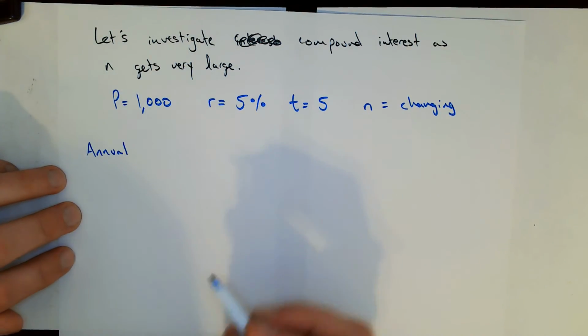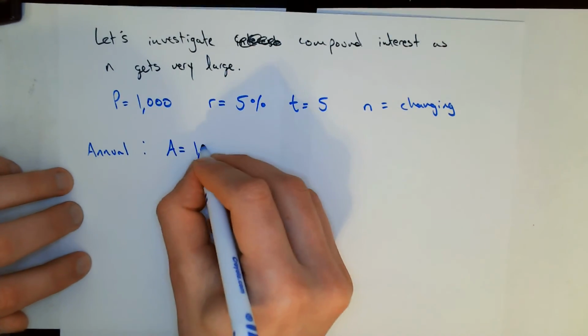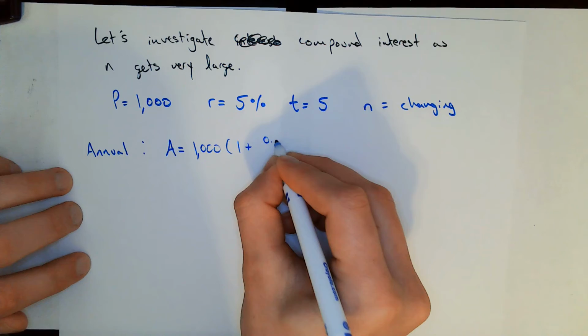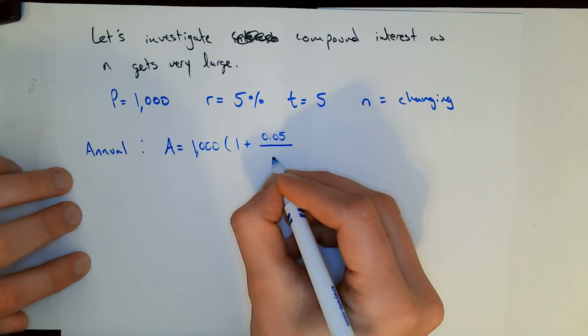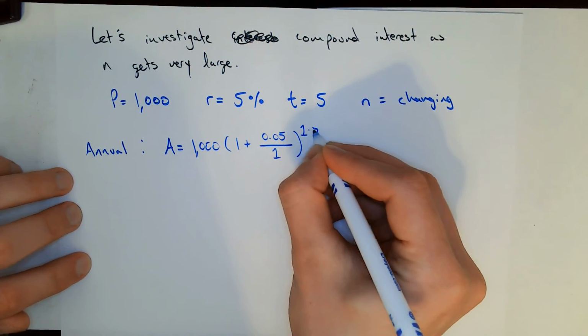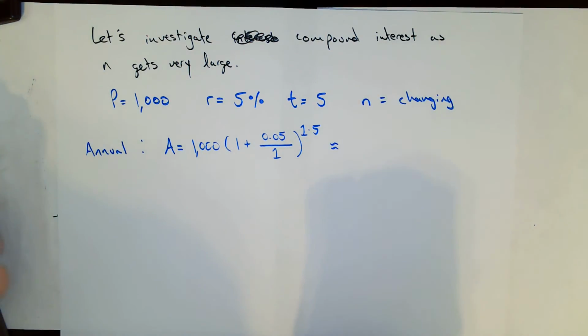So this is for N equals 1. So I'm going to have A equals 1,000 times 1 plus 0.05, that's my rate, R, 5%, over N, which is 1, raised to the 1 times 5. Okay, that is going to be some amount.